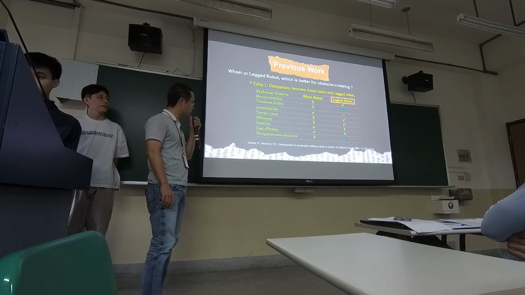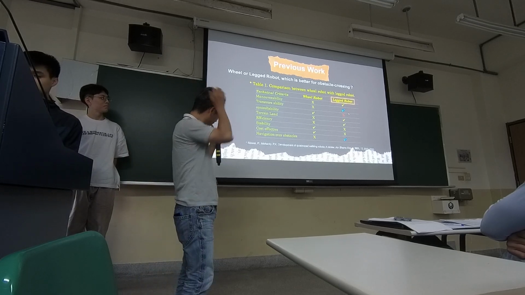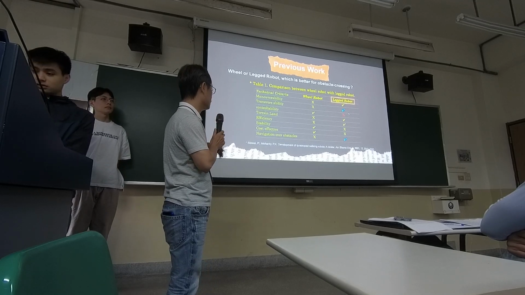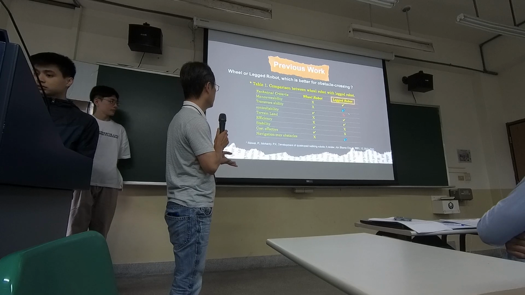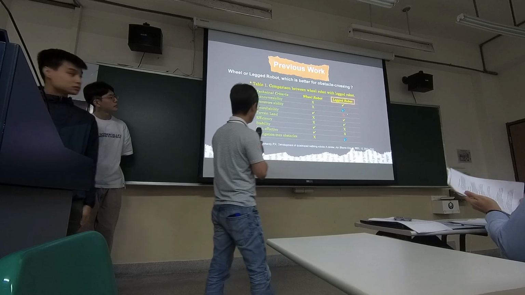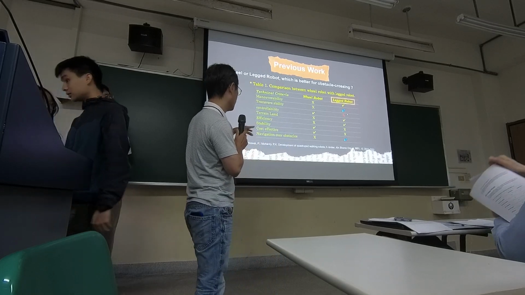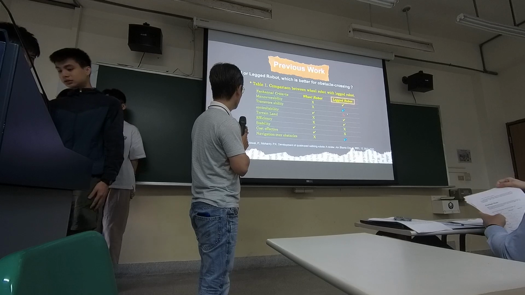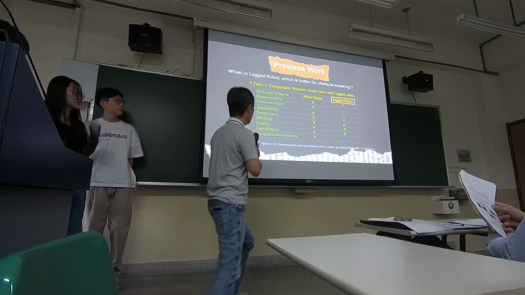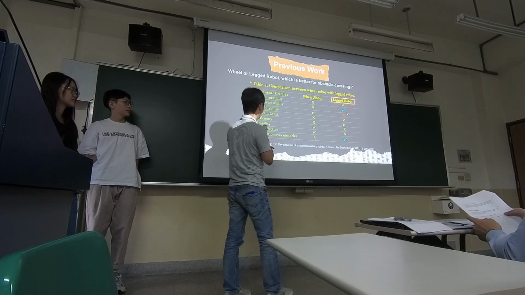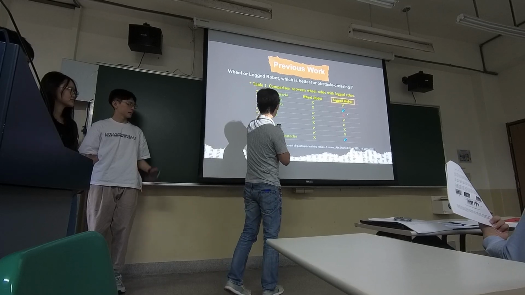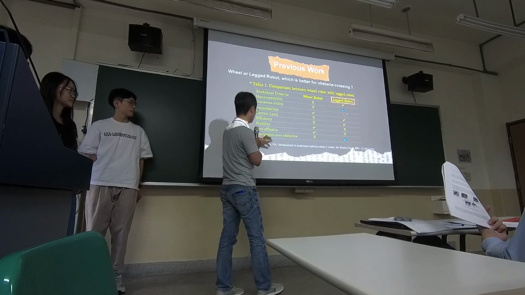Before discussing which type of robot is most suitable to our requirement, we first learn two types of robot: wheel robot and leg robot. Here is the comparison result. From this table, you can see the leg robot outperforms the wheel robot in terms of transferability and navigation over obstacles.